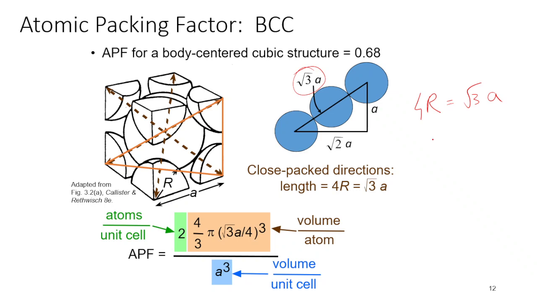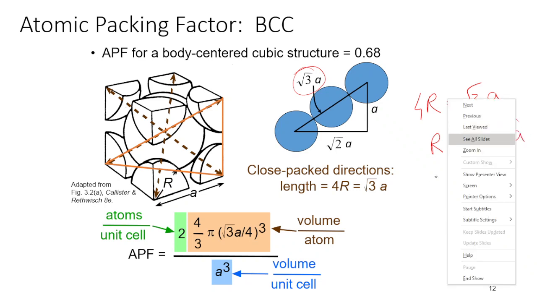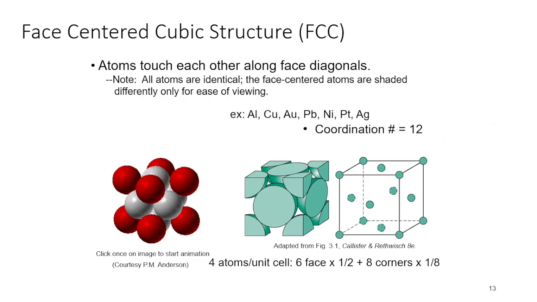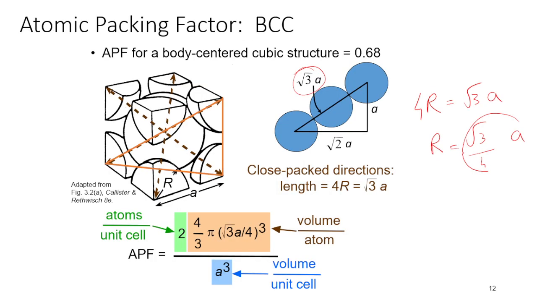And from this we find the relation of r. r is equal to root 3 by 4 a. Once we have found this, we substitute this value straight in the equation, and we get the final atomic packing factor. So does anybody know what the atomic packing factor of BCC is?